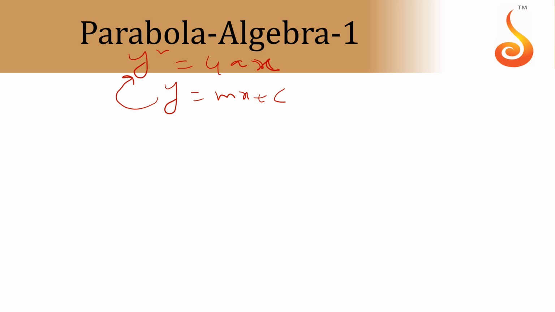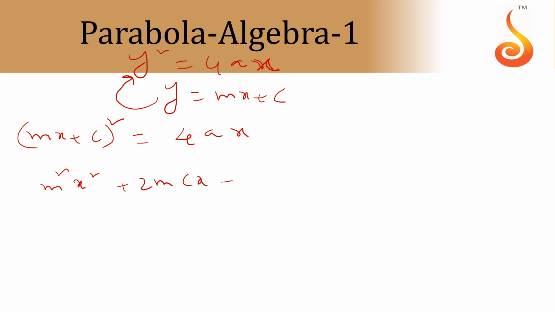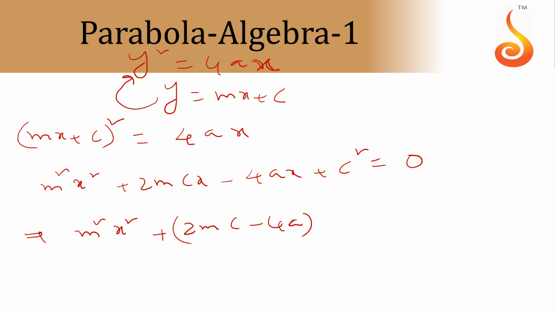Then if I substitute y equal to mx plus c, meaning one locus I am inputting into another locus, then what I will get is (mx plus c) whole square equal to 4ax. So m square x square plus 2mcx minus 4ax plus c square equal to 0. So you'll get m square x square plus (2mc minus 4a) into x plus c square equal to 0.